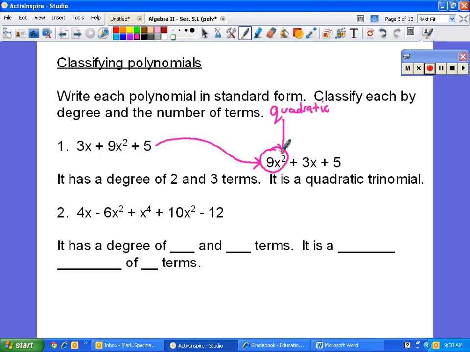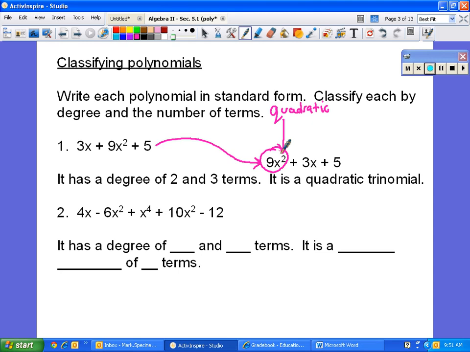The first name of the polynomial is the degree. And again, we look at the highest numbered degree. That's 2. So we call that a quadratic. Remember, something to the second power is a quadratic. And then it's got 3 terms, so we call it a trinomial. When it comes to the second name, we don't have anything past 3.